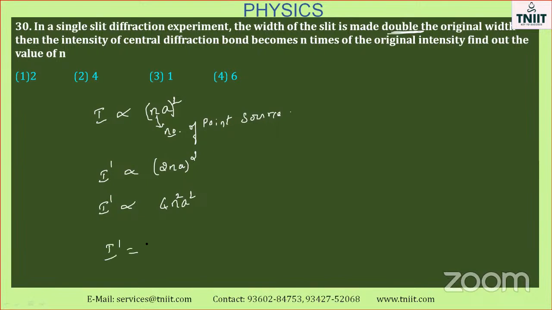So I dash value will be equal to 4 times the previous intensity. N squared a squared is the initial intensity. So I dash value will be 4 times of I. So what should be the value of n then? N should be the value of 4. The logic is intensity is directly proportional to the square of the amplitude.